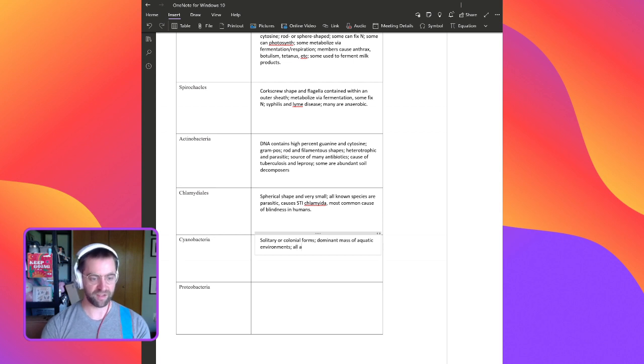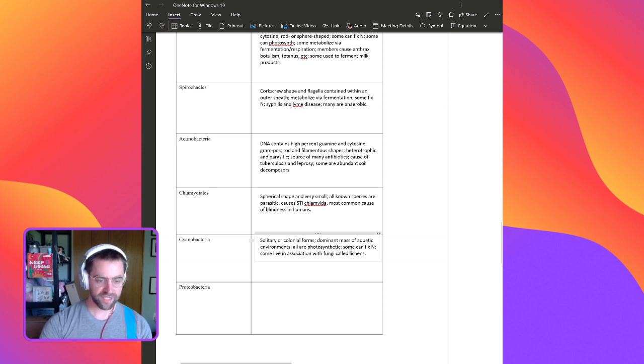All are photosynthetic. Some can fix nitrogen. Some live in association with fungi called lichens. Cyanobacteria is really, really neat.